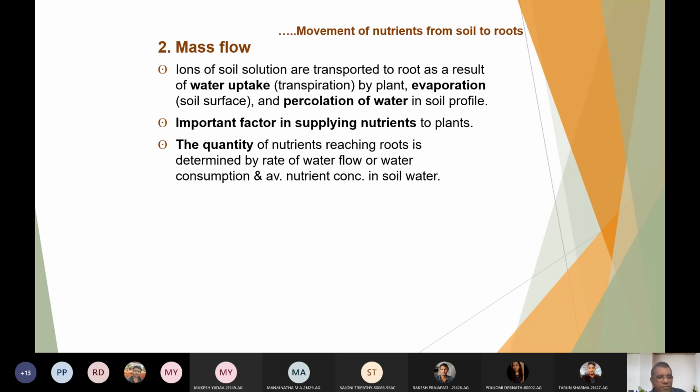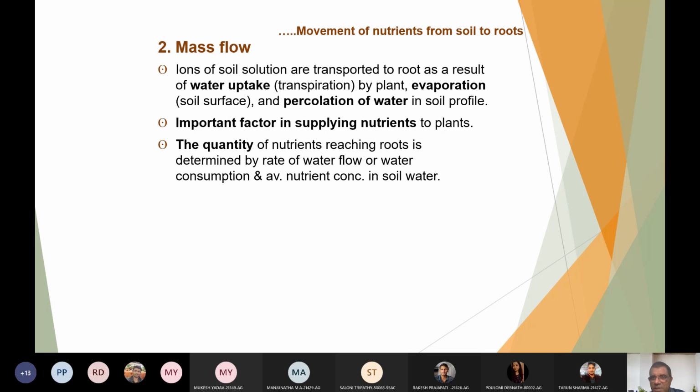Now, after root interception, another mechanism by which the root surface gets nutrients is mass flow. In mass flow, ions of soil solution are transported to the root as a result of water uptake. When water goes from one place to another in the soil, it carries some nutrients from the soil solution to the plant roots.